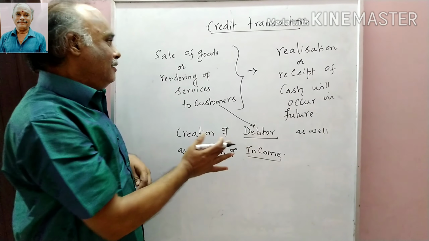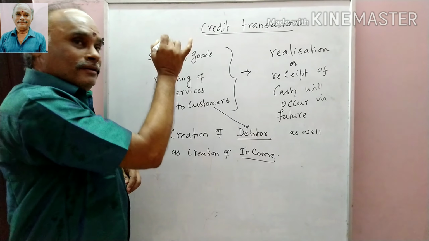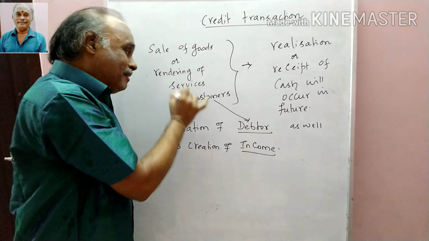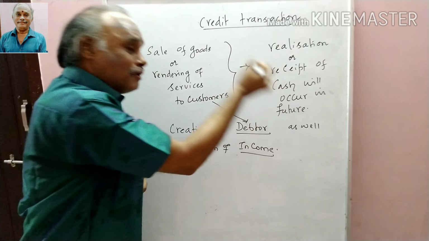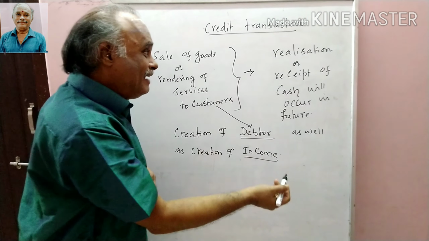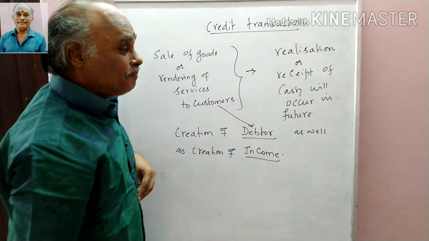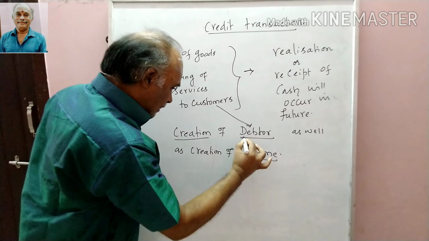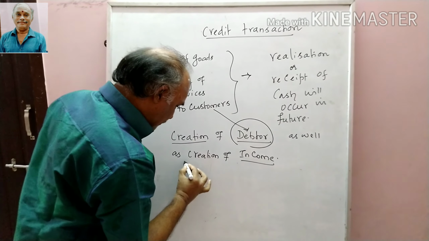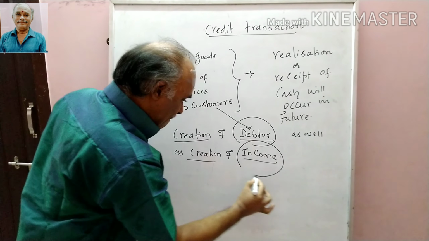So in a nutshell, sale of goods or rendering of services, we have done our promise, but from the customer side it will happen only on a later date. So realization or receipt of cash will occur only on a future date, and ultimately creation of debtor as well as creation of income.